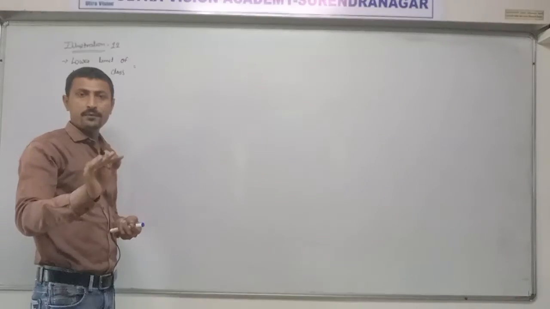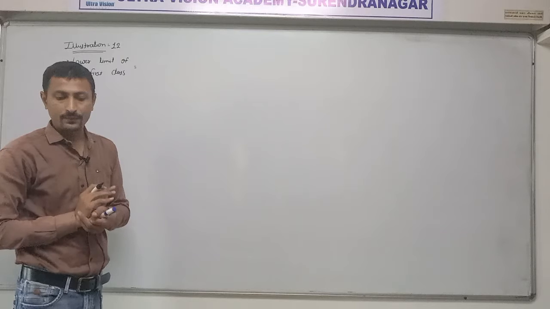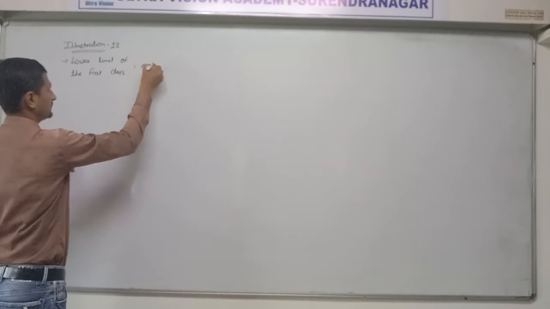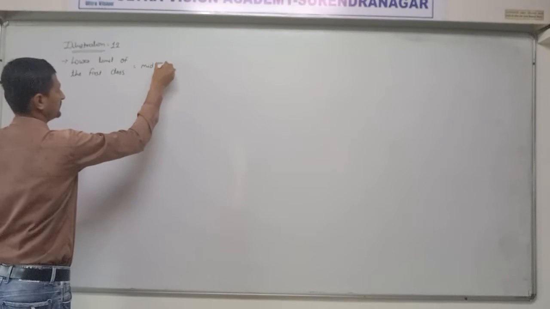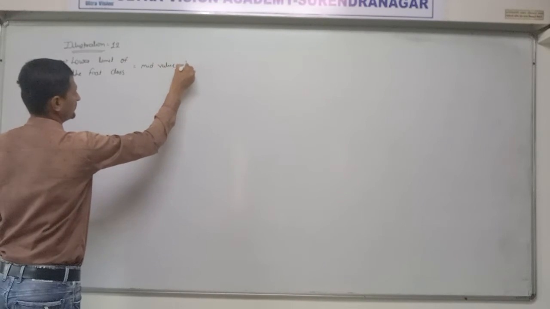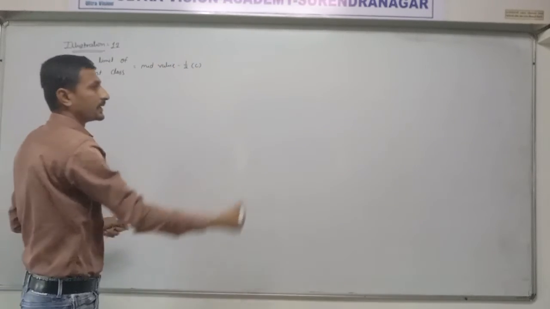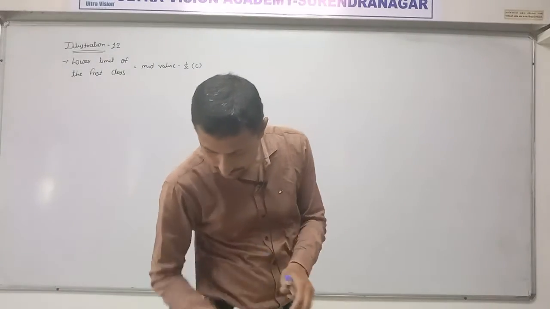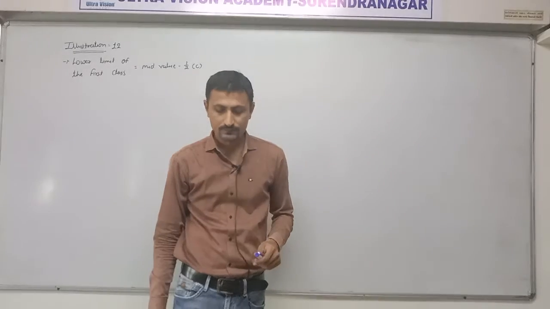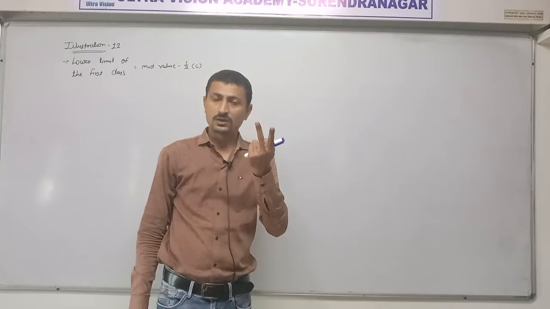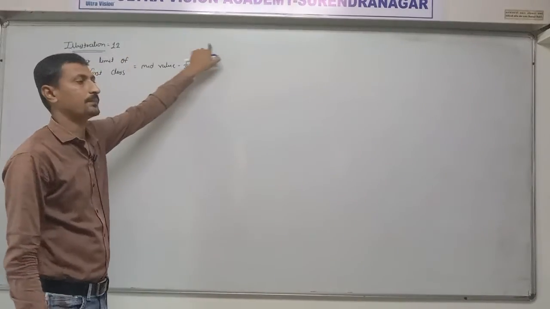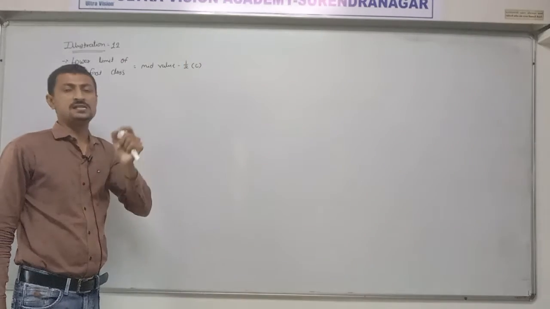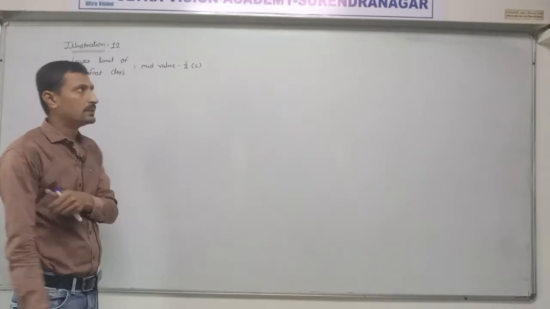Formula: mid value minus 1 by 2 into class length. Here the difference between two successive mid values is 2, so our class length is also 2.